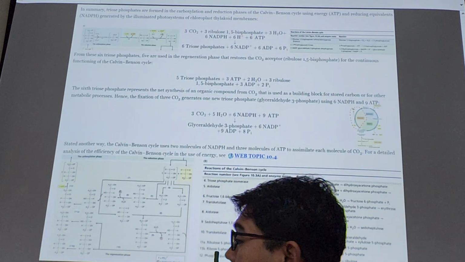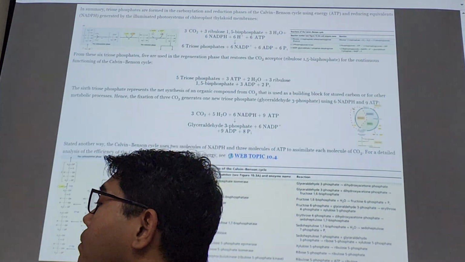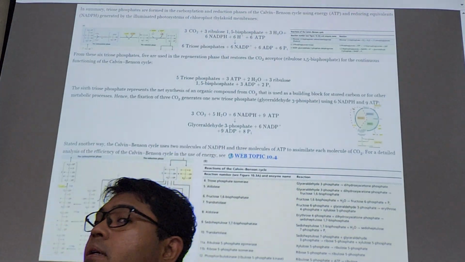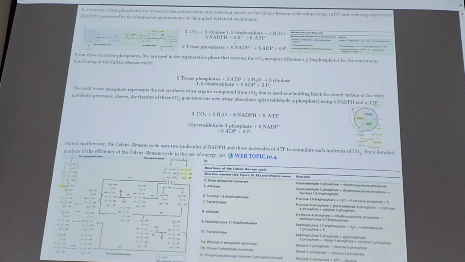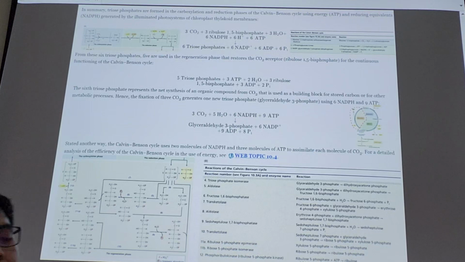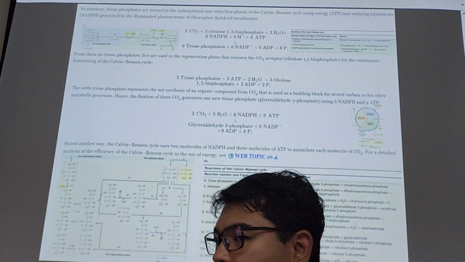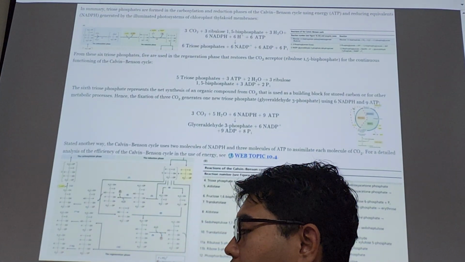Yep. But that is only 1 CO2. If you are talking about the net of it, this is the net, okay? This is called net energy use, because this is the only one that will exit to get your sugar precursor.